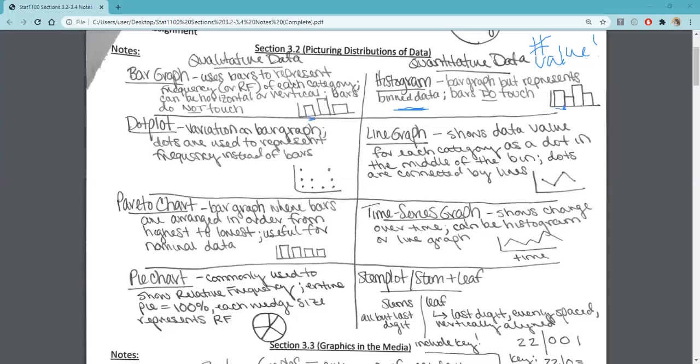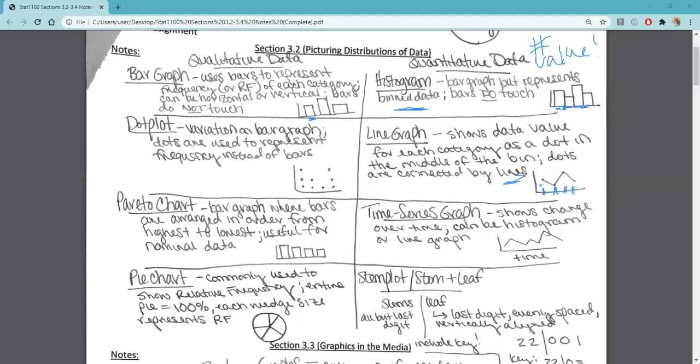Now they go in specific bin or class size increments. We also can use for quantitative data a line graph. And so here we would have a dot in the middle of the category or in the middle of each bin. And then we're going to connect those dots with straight lines.